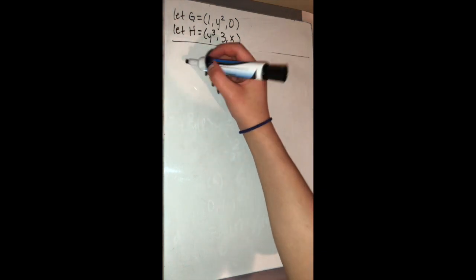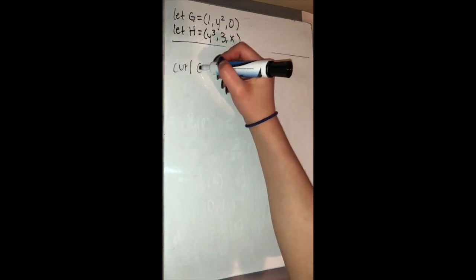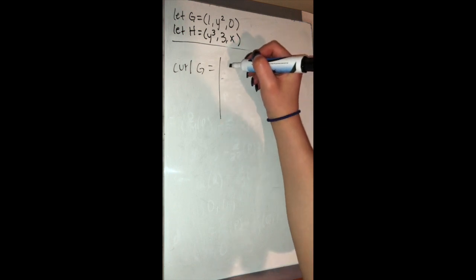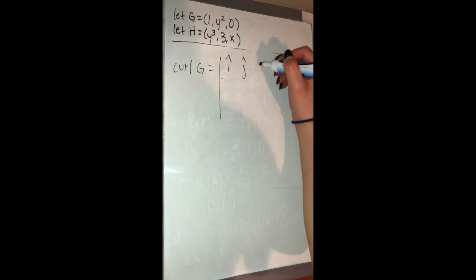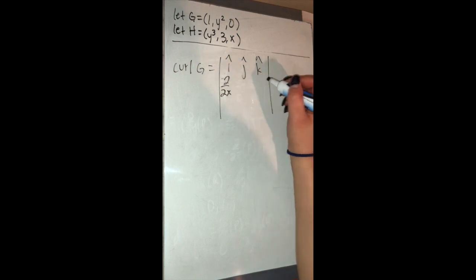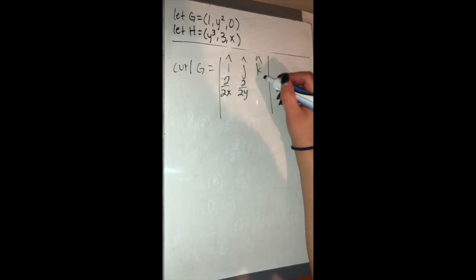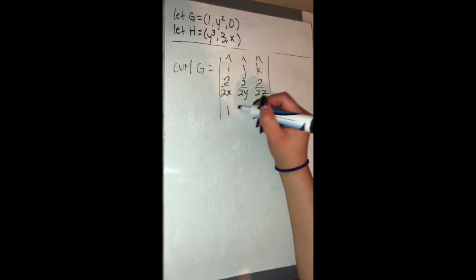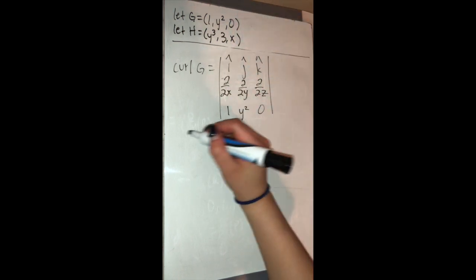So the curl of G equals the matrix I, J, K, partial with respect to x, partial with respect to y, and partial with respect to z. Your function is 1, y squared, 0.